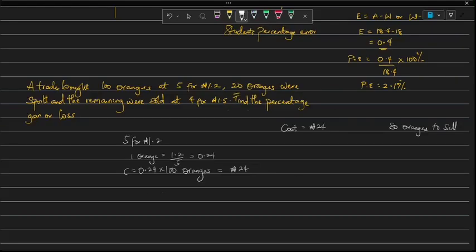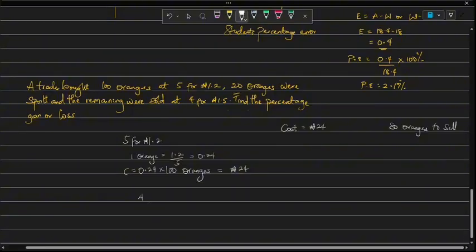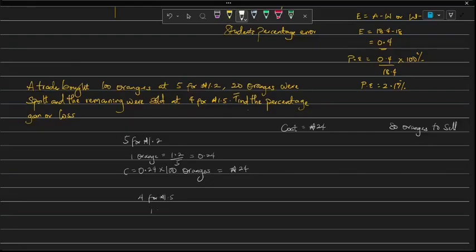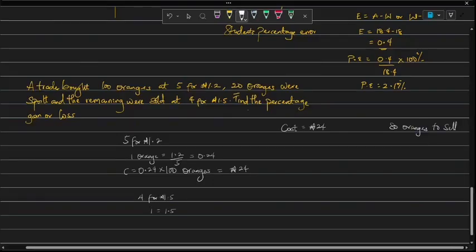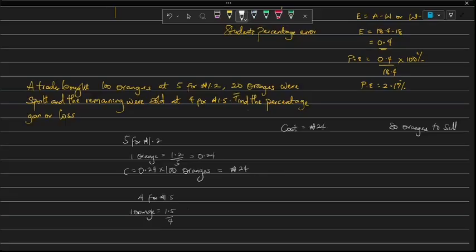So let's do the same math again. If it was 4 for 1.5 naira, then 1 is going to be equal to 1.5 divided by 4. Press your calculator. What did you get? 0.375.